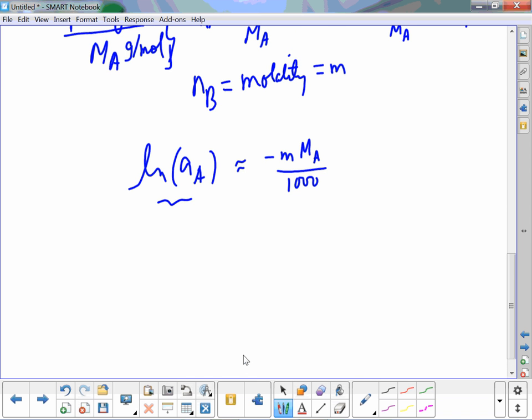If we get into higher concentrations, less dilute solutions, then we have to apply a correction factor. So to make this thing equal, we're going to introduce a correction factor, phi. This phi right here is your osmotic coefficient. It's called the practical osmotic coefficient.